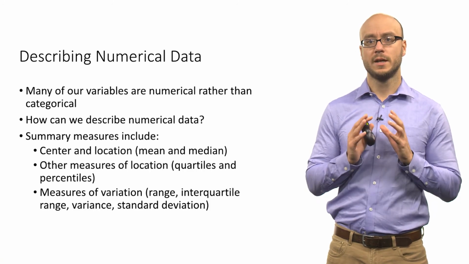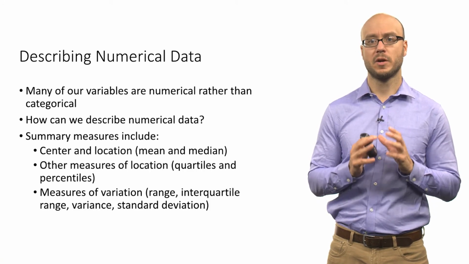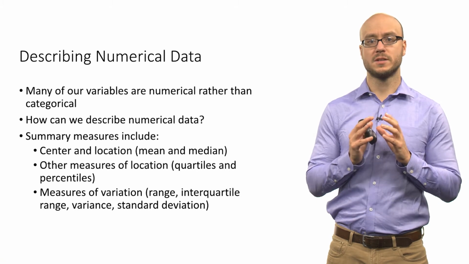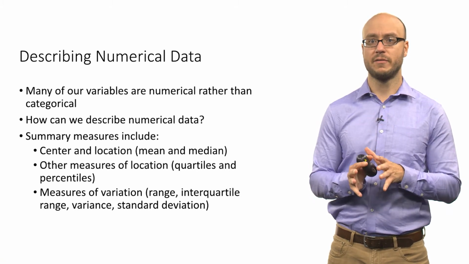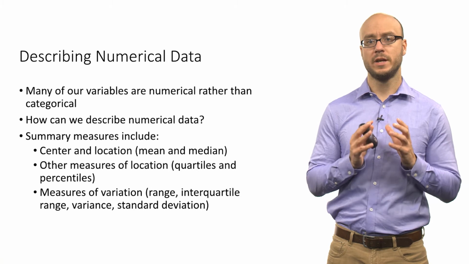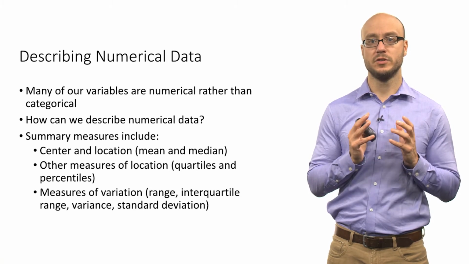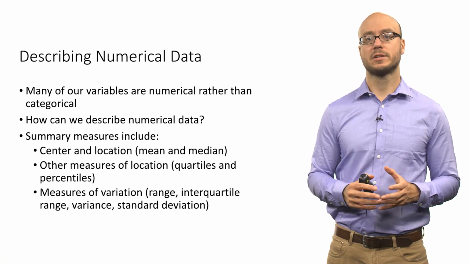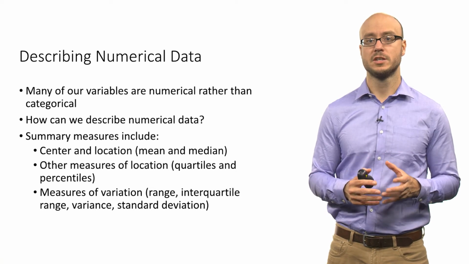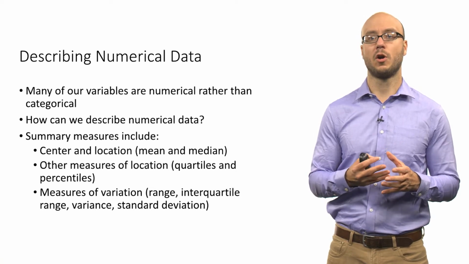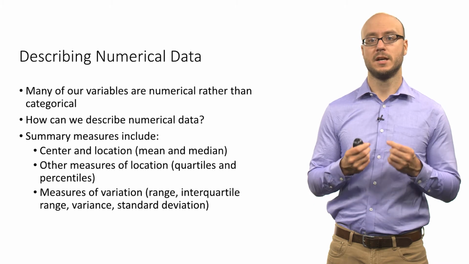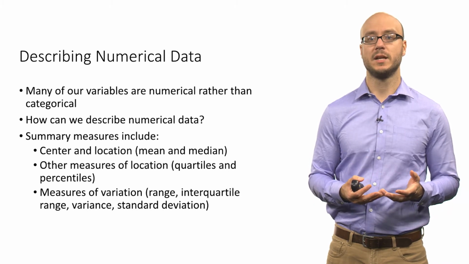So to really describe and understand numerical data, in addition to graphical techniques, which we'll cover soon, we talk about the different kinds of numerical summary measures. These include measures of center and location. The center is where the center part of a variable is, so these are measures such as the mean, the median, the mode.